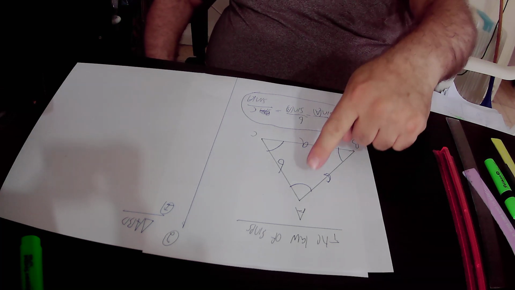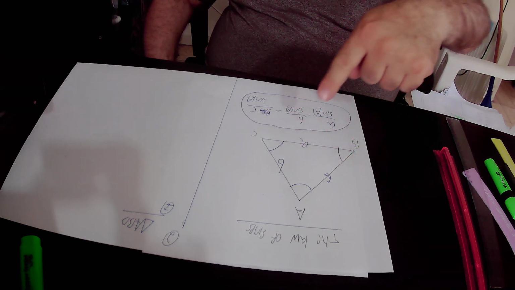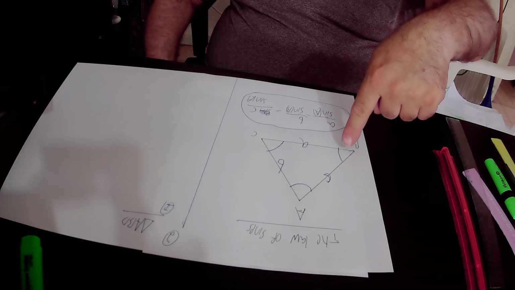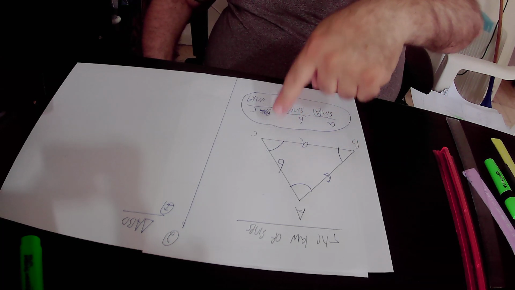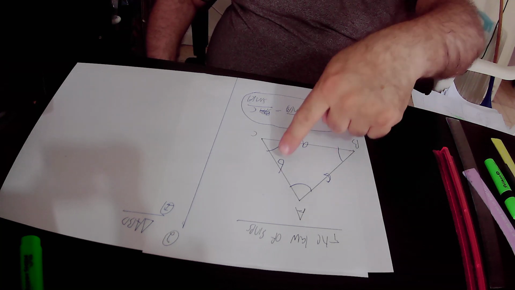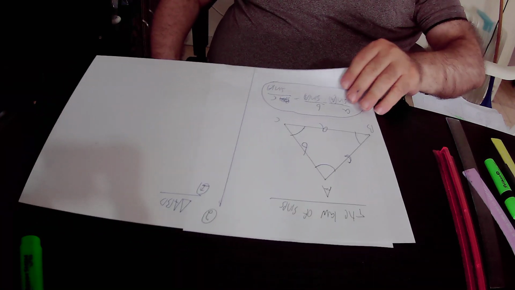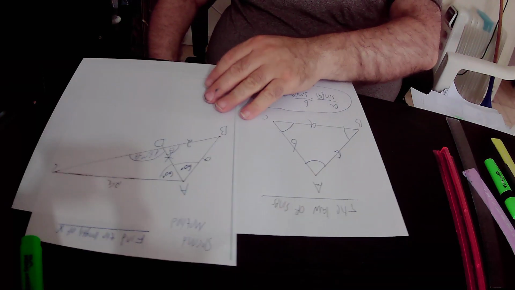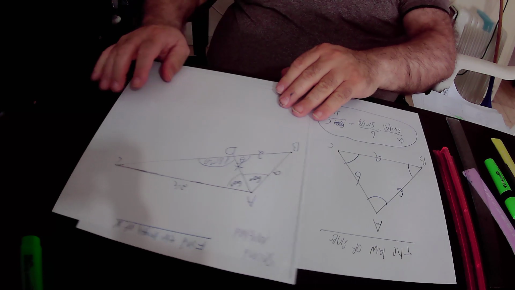Then a over sine A equals b over sine B equals c over sine C. Capital A equals angle BAC, capital B equals angle ABC, and capital C equals angle ACB. And again, a over sine A equals b over sine B equals c over sine C. We'll implement the law of sines in triangle ABD.